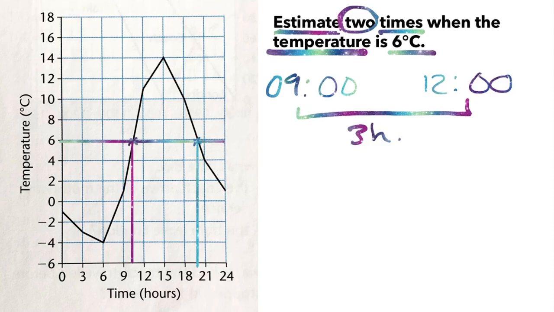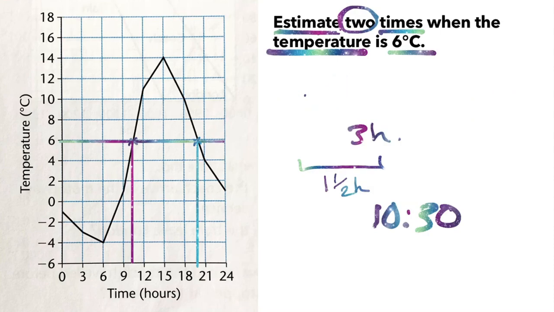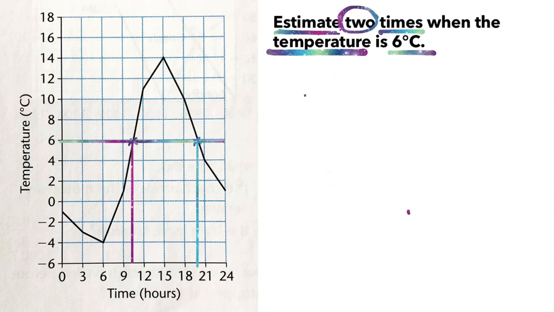So halfway would be 1.5 hours. So 9 o'clock plus an hour and a half is actually 10:30. So let me rub that out. I would say one of the times that the temperature is 6 degrees Celsius is 10:30 in the morning.